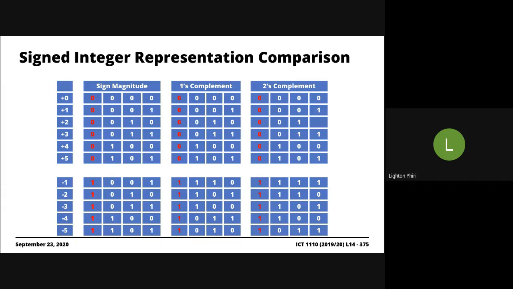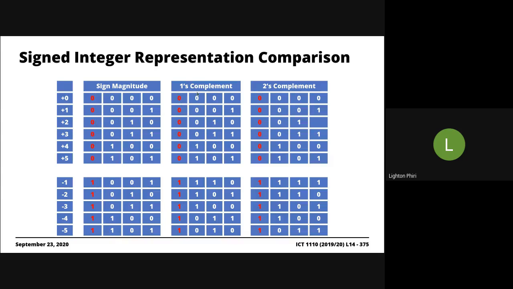Also, we realize from the rules associated with 1's complement and 2's complement, because there's no rule for sign magnitude. The only rule that's there is that you just use the leftmost bit as a sign bit. 0 for positive, 1 for negative, right?